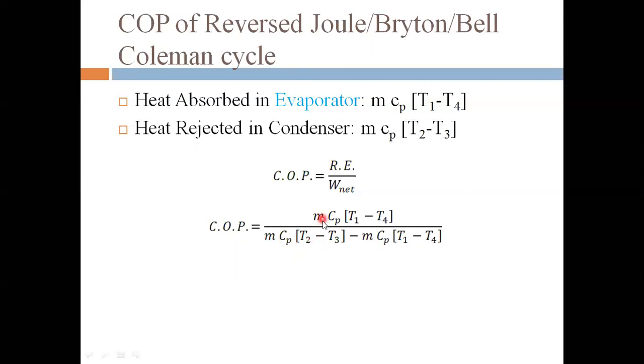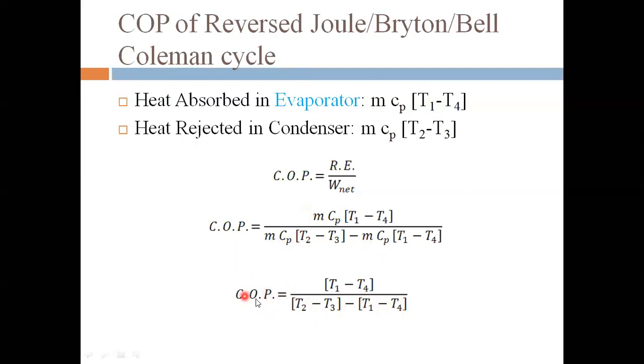Okay, so in this whole equation m Cp is there, here is the m Cp and here is the m Cp. So m Cp will cancel out, and we will have the final equation: (T1 minus T4) upon (T2 minus T3) minus (T1 minus T4).